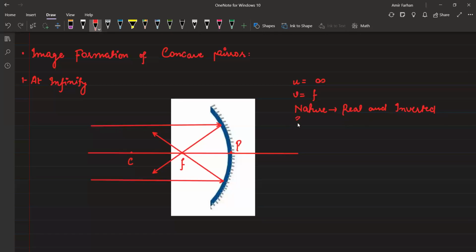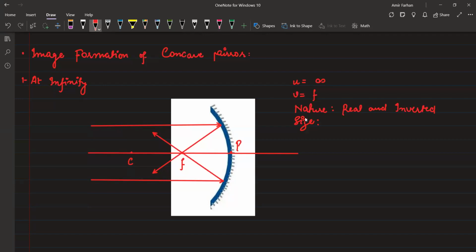Okay. Size will be, can anybody tell me what kind of size it will be having? Diminished.